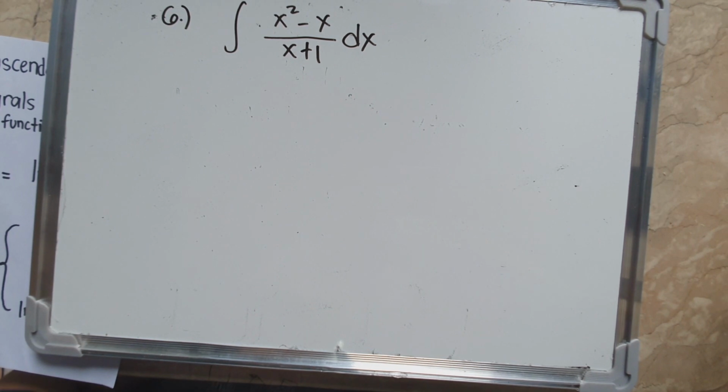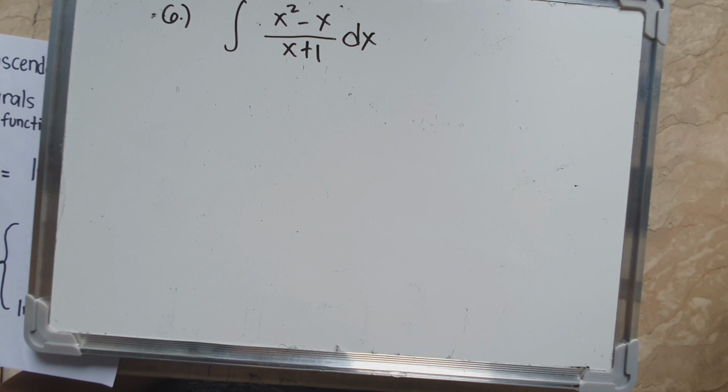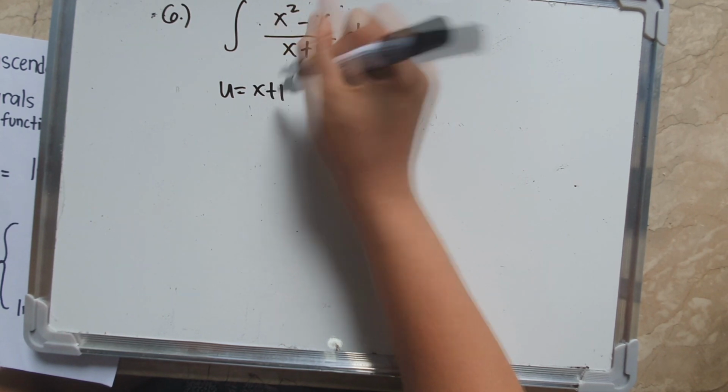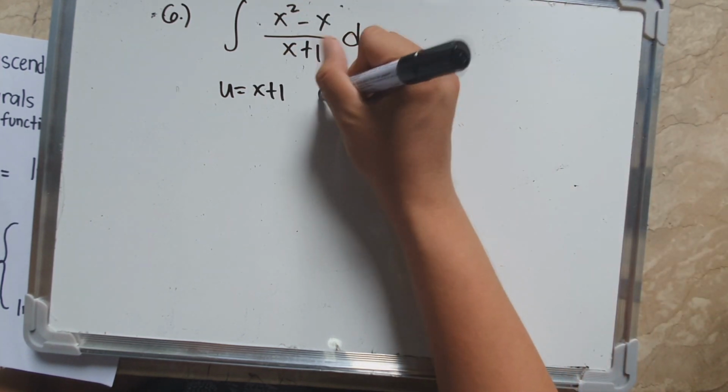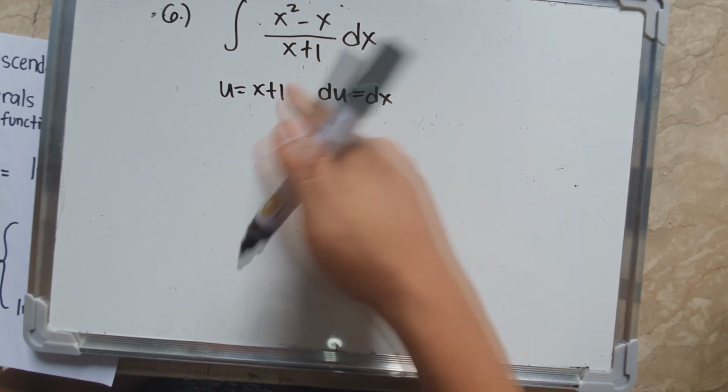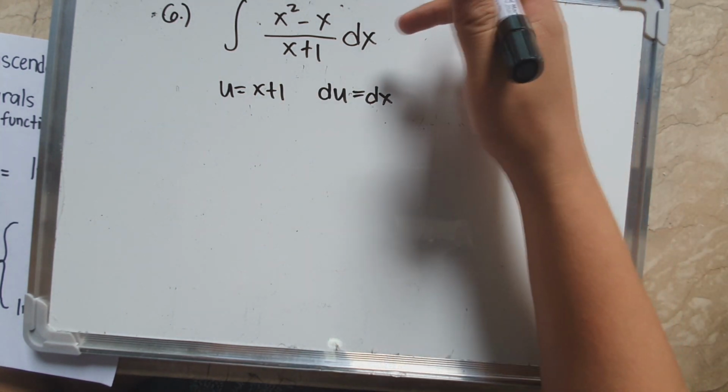Now for number 6, the integral of x squared minus x over x plus 1 dx. We are already oriented that the first thing we will do is try to assign the value of the u. If we directly use the denominator as the u, x plus 1, then du is the derivative of x, which is dx, and the derivative of 1, which is 0.